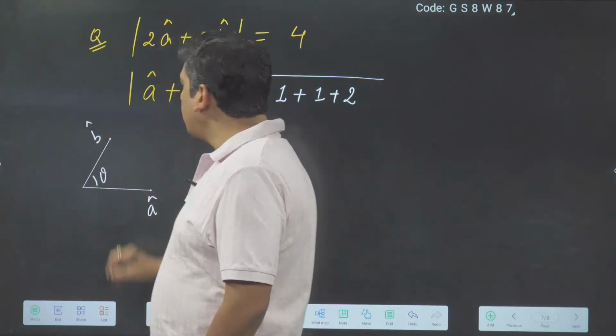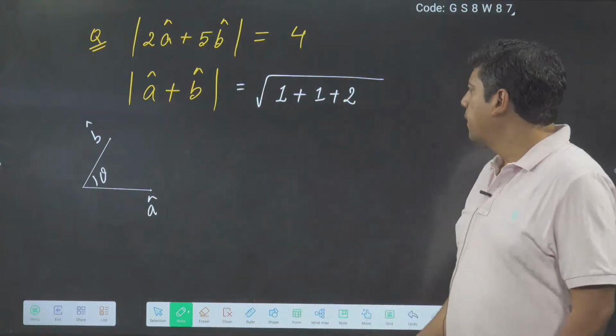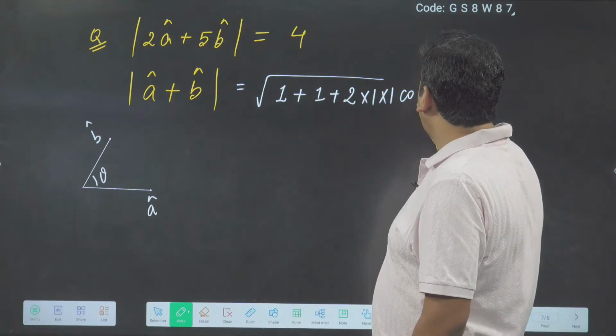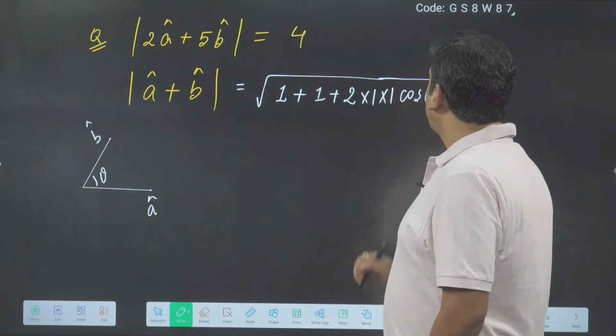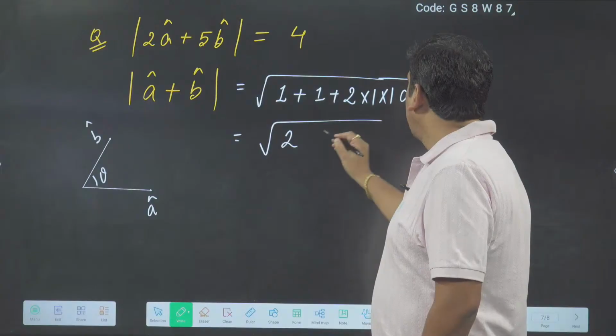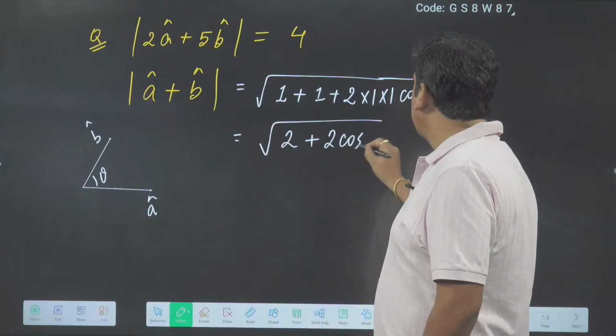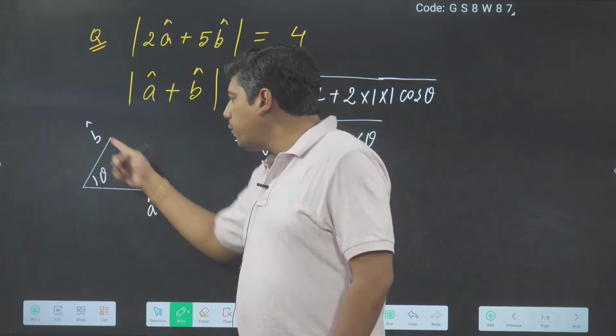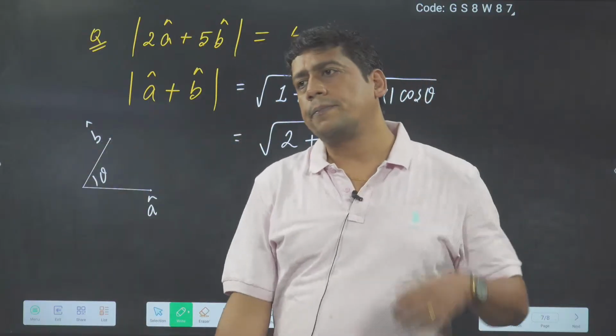I don't know the angle between them. So plus 2ab cos theta. So I know almost everything. Please understand. 1 plus 1, 2 plus 2 cos theta. So I will get the answer once I find the angle between a cap and b cap.